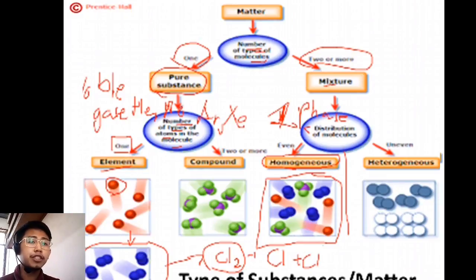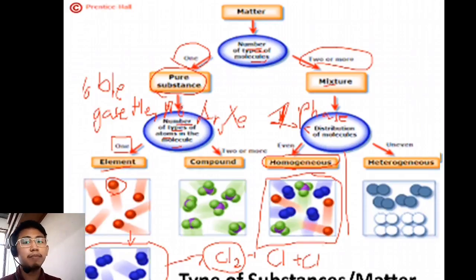The next category of mixture is heterogeneous mixtures, in which particles that are present can be easily identified or distinguished from one another because they have different phases. Examples for this are oil and water. If they are mixed together, they will have two different phases because oil will not mix evenly with water.